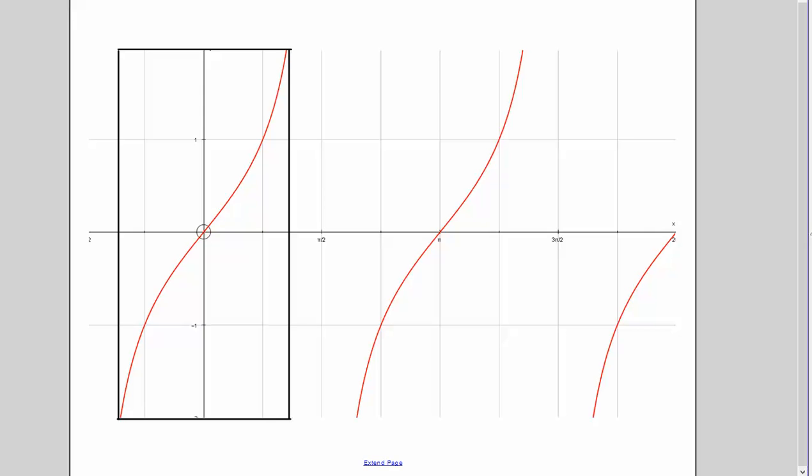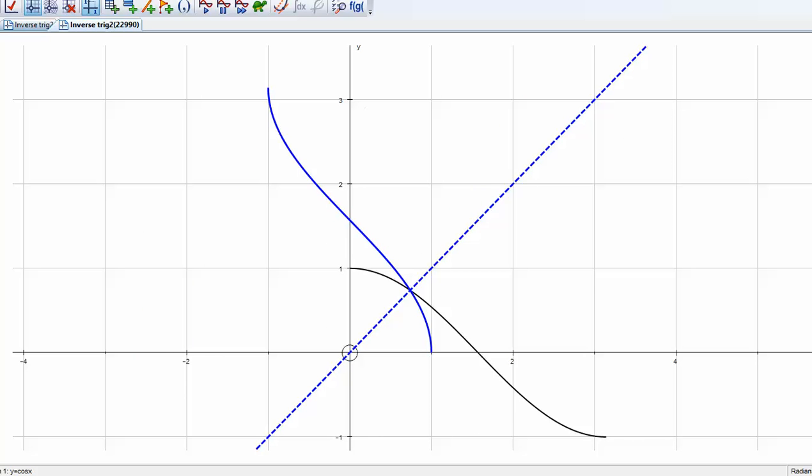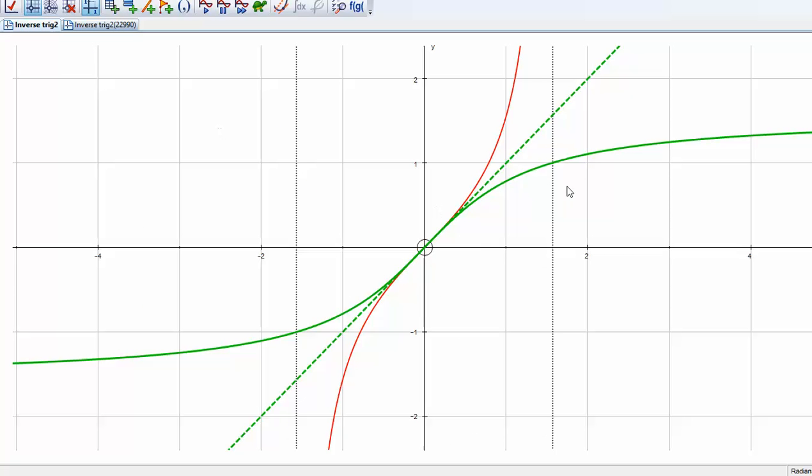So let's have a look at that on the graph. So I'm going to use another one here, and I've already put in the inverse function. So the red one is the tan, and I've got an asymptote at pi over 2 and another asymptote at minus pi over 2. So when we've reflected it in the line y equals x, we get this green curve.